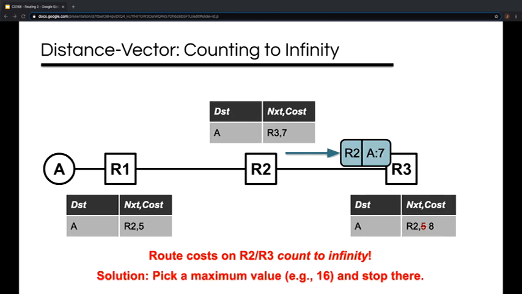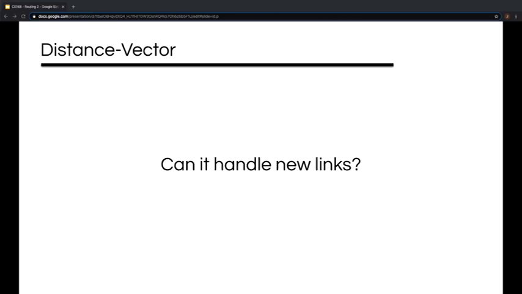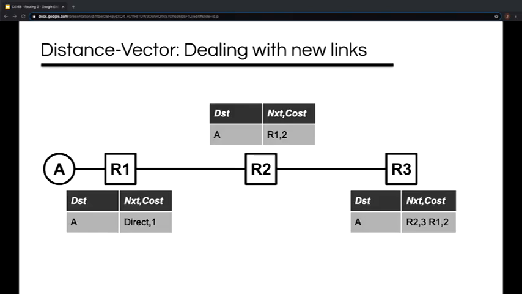So now we come to this question that we got, can this handle new links? This question was asked from up there. We said we want to adapt to changes in topology. So what if we add a new link? Imagine we've converged on this topology like we've had before, and we add this new link. What's going to happen?